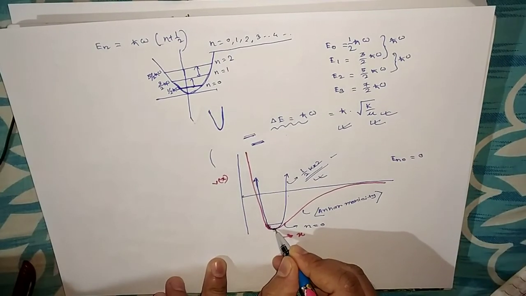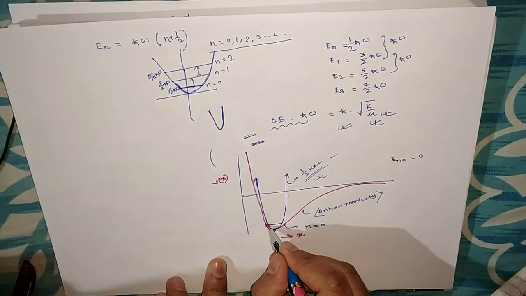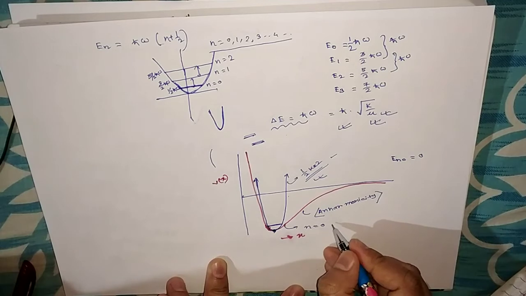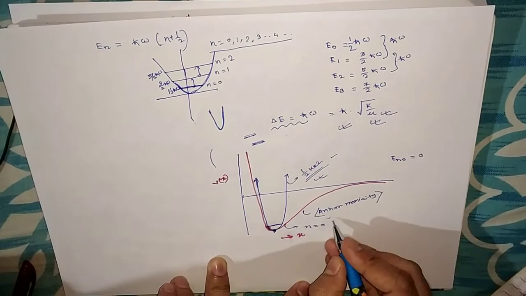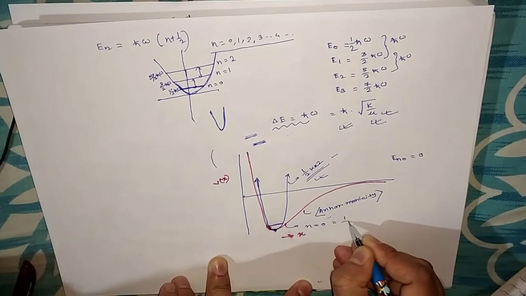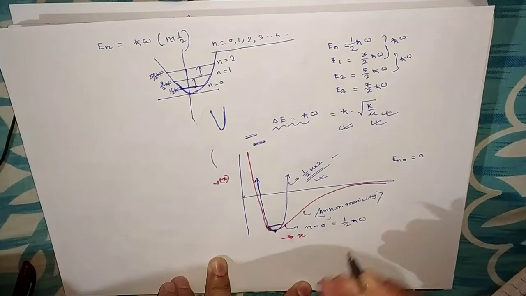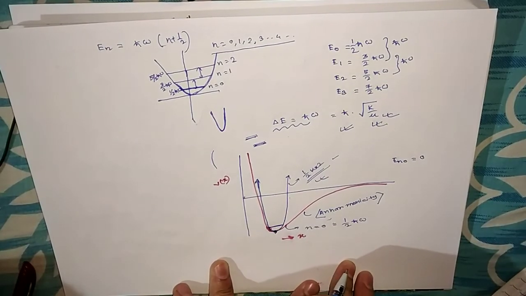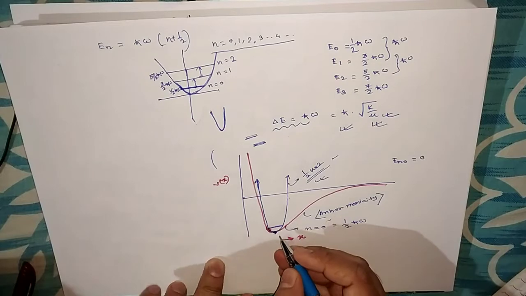So this is the energy at the 0 position, but when n is equal to 0, there is some residual energy that is equal to half h cross omega. So at n equal to 0, our energy is not 0.